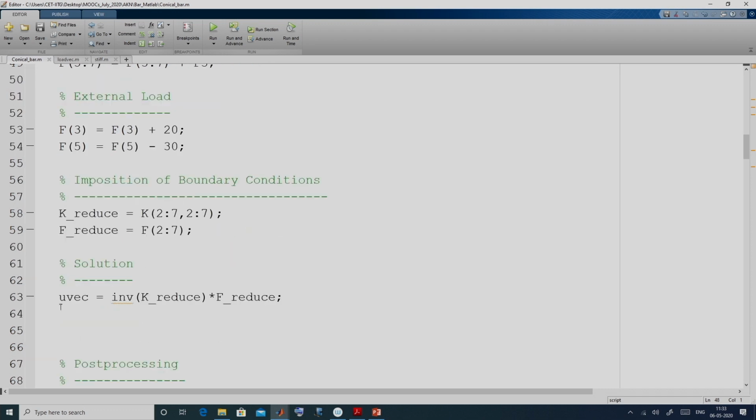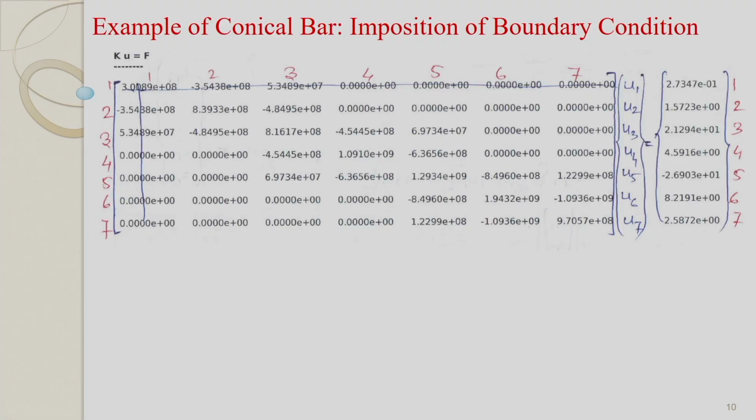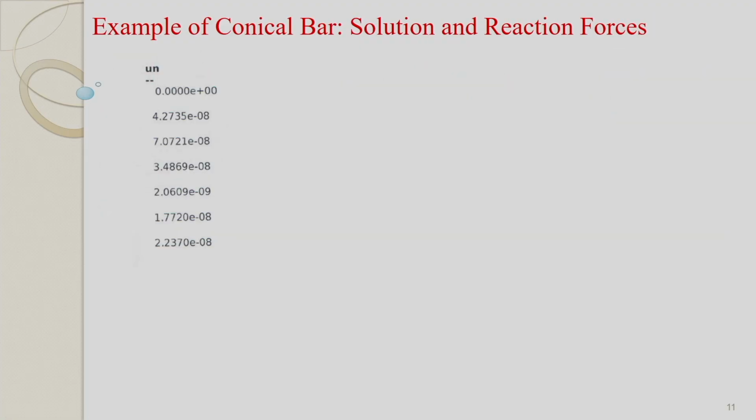So, finally, we get the solution with K inverse F. So, these are from U2 to U7, 2, 3, 4, 5, 6, 7, and our U1 is 0. So, this is our final displacement vector.